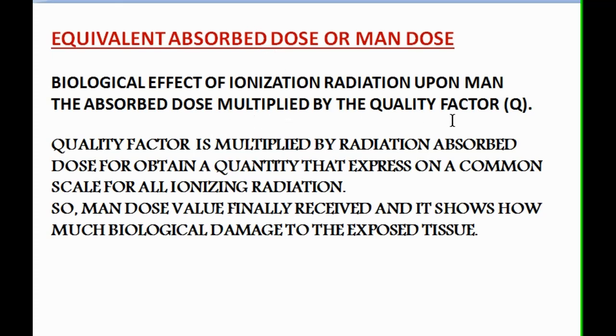Equivalent absorbed dose or man dose is equal to radiation absorbed dose multiplied by the quality factor. What does the quality factor mean? Radiation absorbed dose we have already seen on the last page.